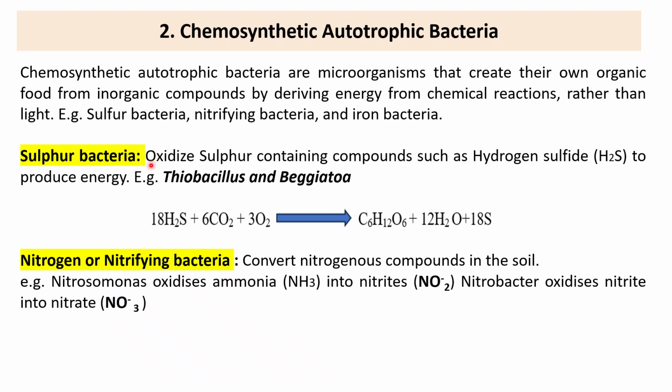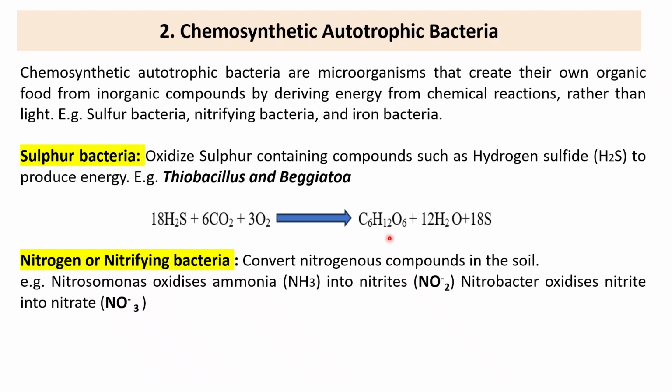Sulfur bacteria oxidize sulfur-containing compounds such as hydrogen sulfide to produce energy. Examples are Thiobacillus and Beggiatoa. So here you can see, instead of oxygen, sulfur is being released and an organic compound is synthesized.